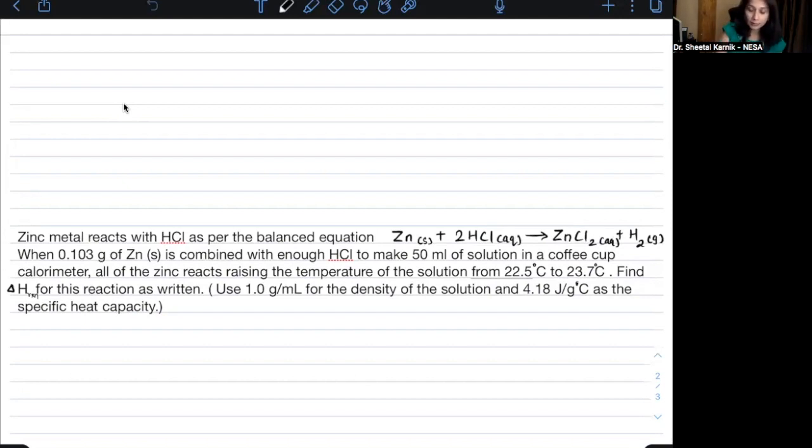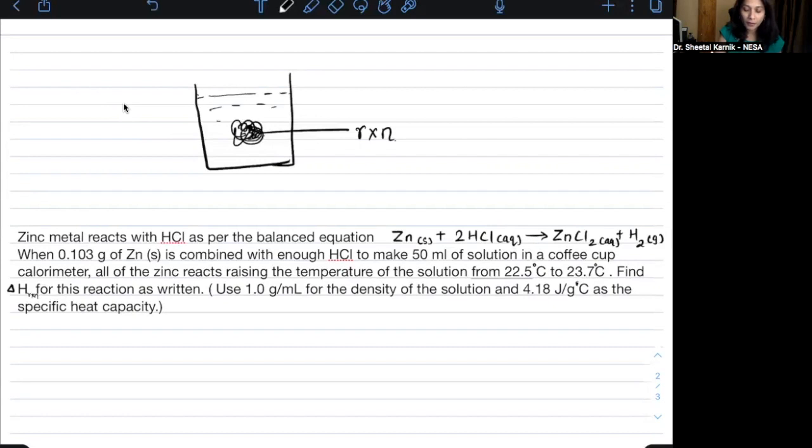You're going to be seeing a chemical reaction happening. This is the chemical reaction. And this coffee cup calorimeter is going to have a liquid surrounding the reaction. In other words, the reaction is in an aqueous solution. So the solution surrounding the reaction is the surrounding.